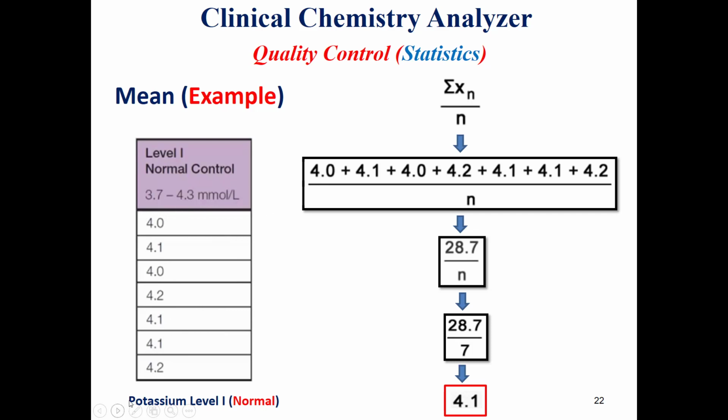This example will be for the quality control for potassium for a normal range. Here are the recorded results. The quality control has been run 7 times, so we add the quality control QC values and we make the average of them.